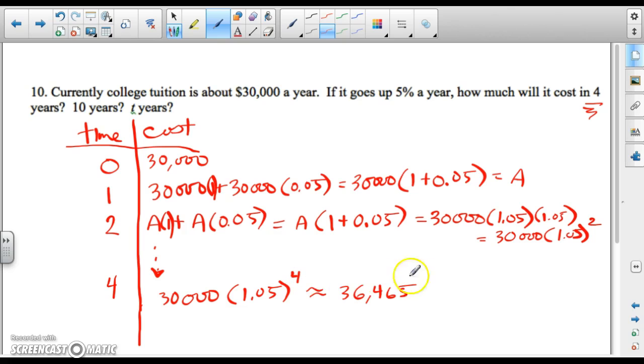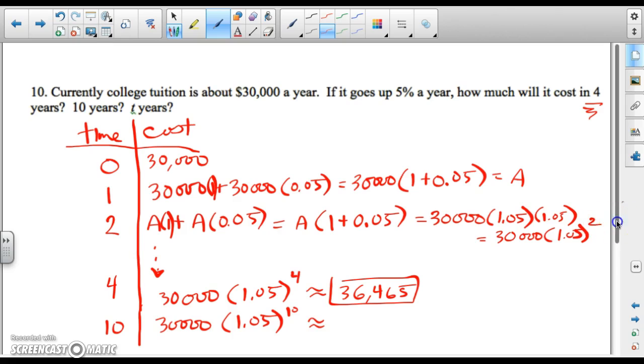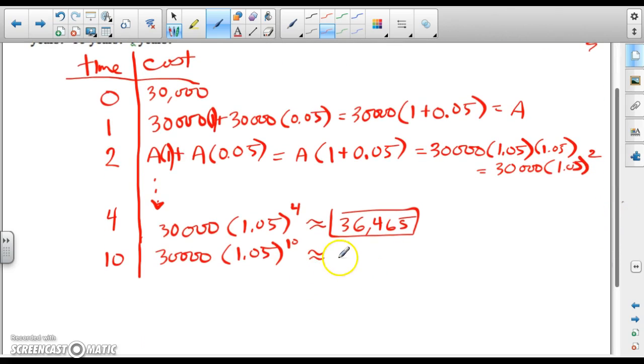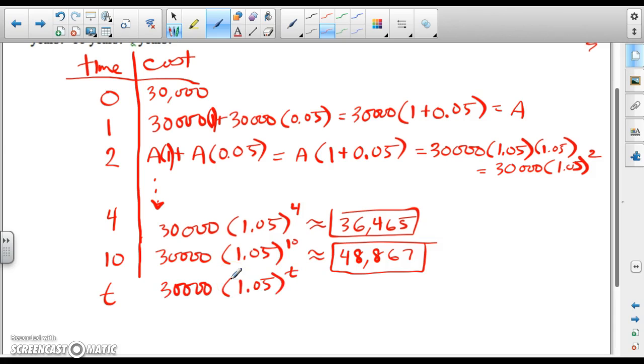Okay, so that's how much we're going to have to pay in year 4. In 10 years, we apply the same procedure, 30,000 times 1.05 to the 10th power, and that gives us $48,867. Okay, so in T years, basically you're just finding the time as the exponent. We multiply 1.05 to the T power.